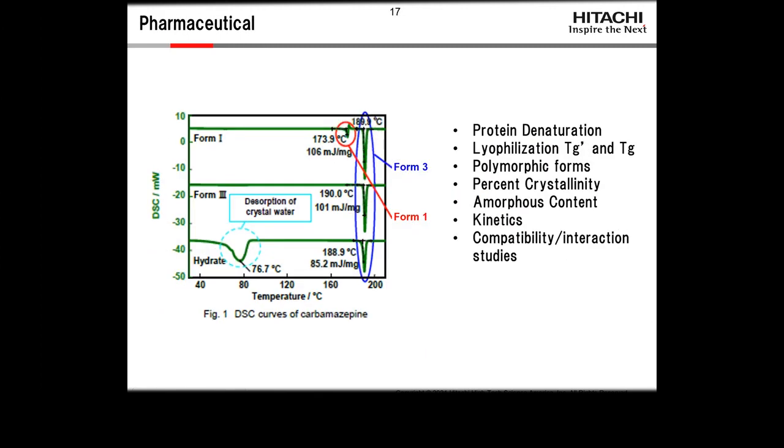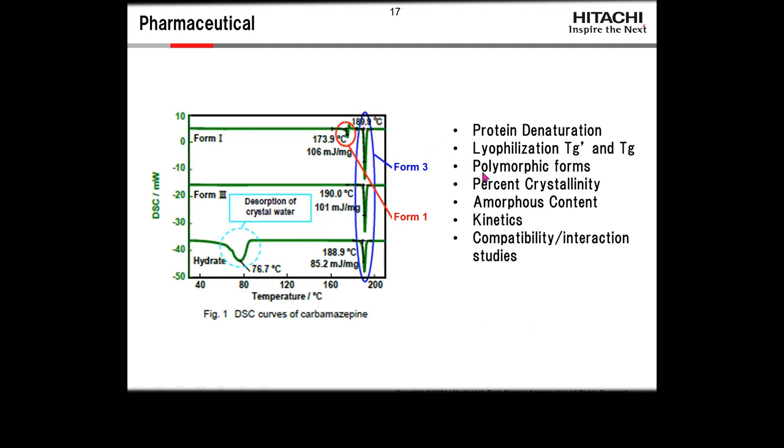In pharmaceuticals, there are a lot of applications for DSC. We can look at protein denaturation. We can look at freeze drying or lyophilization of drugs and vaccines, which is a really important one now. We can look at storage temperatures. We can look at polymorphic forms. When you take a drug or you take a medicine, there are often various crystalline forms that you can have, and only some of them are biologically active.